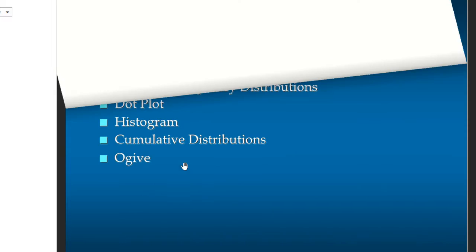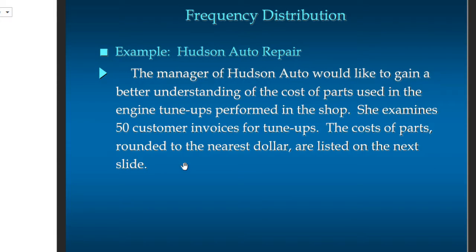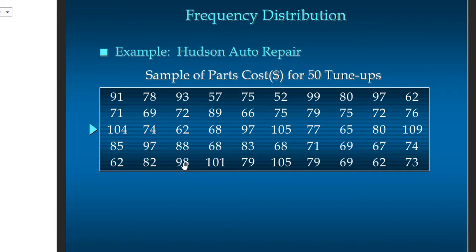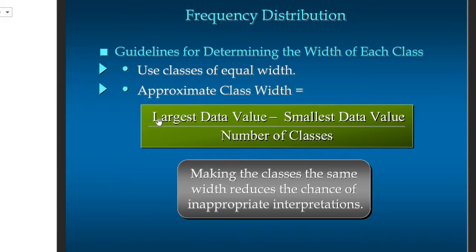But in quantitative, the number form, there are no categories, just 50 different numbers. So the first thing that we should do is figure out what's called the class, right? It says it right here. We have to figure out how many different classes we are going to use. So how do we set this class?